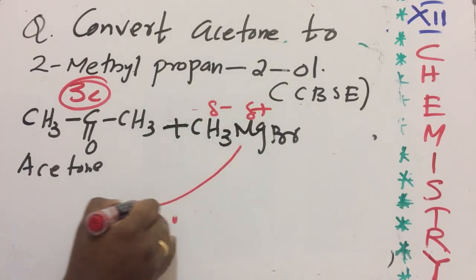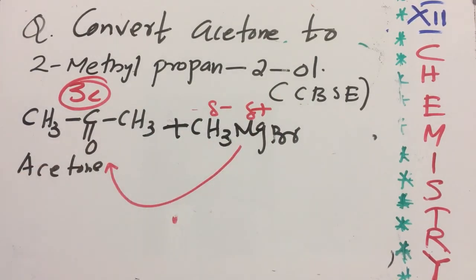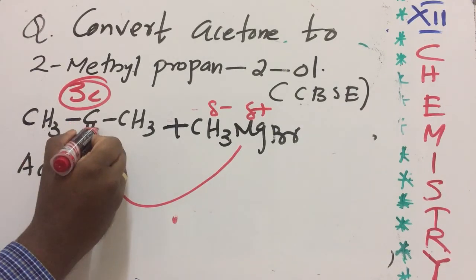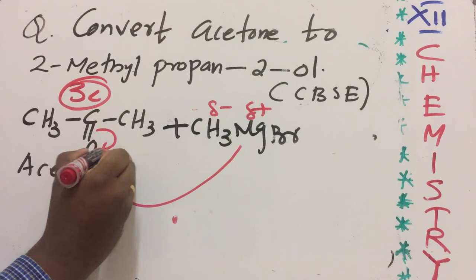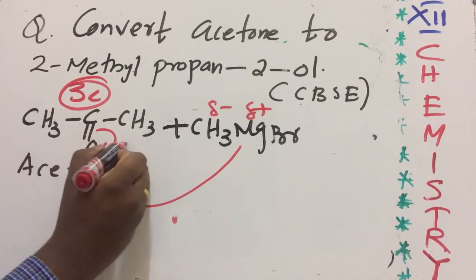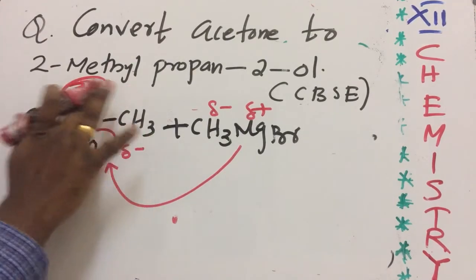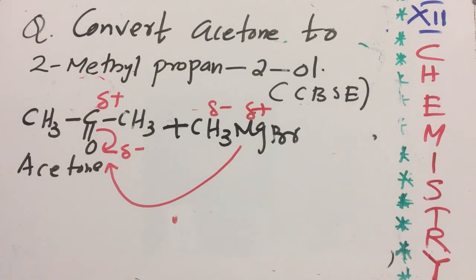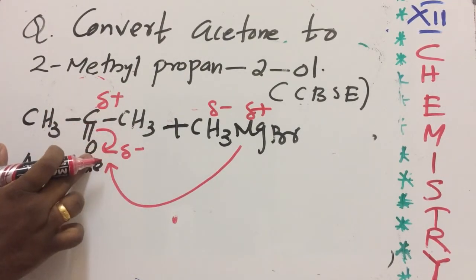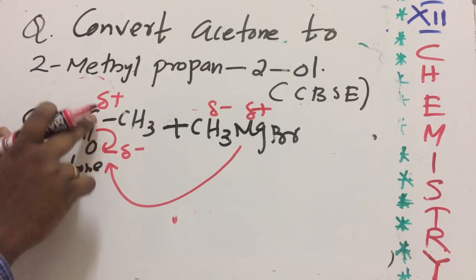When you add this compound to an aldehyde or ketone, what will happen? The electrons of the carbon-oxygen double bond shift from carbon to oxygen, and oxygen becomes delta negative and carbon becomes delta positive. Why shifting towards oxygen? Because oxygen is more electronegative than carbon.